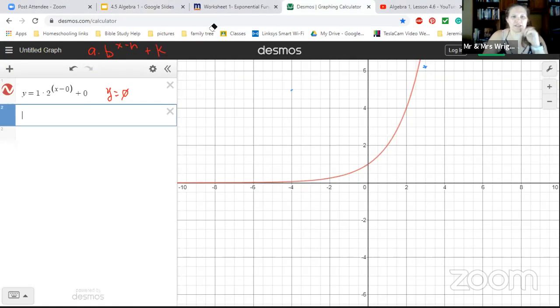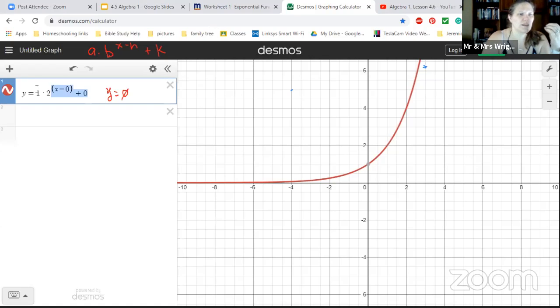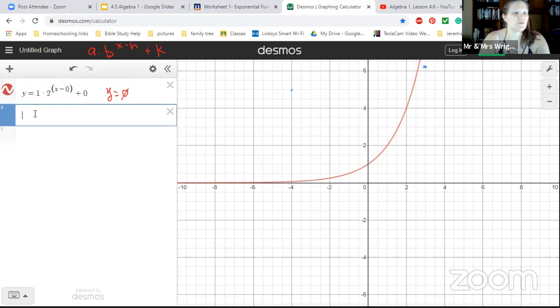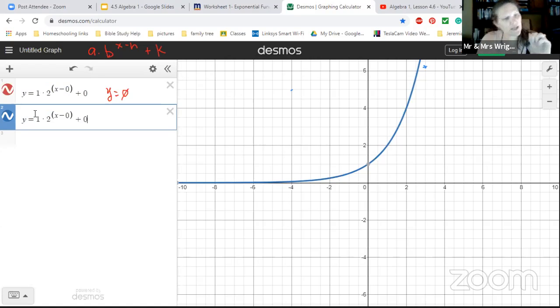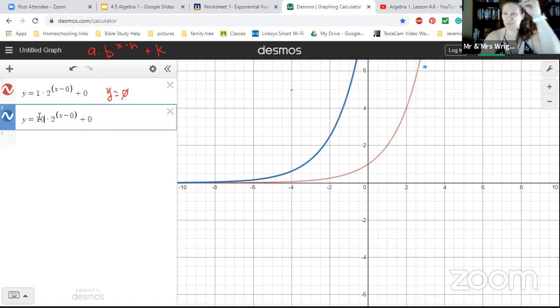All right. So let's create another one. We already know what's going to happen when we change the A function. Control C and Control V, copy and paste. We already know what's going to happen when we change A around. So if I change A to 10, look at how it really got pulled up.